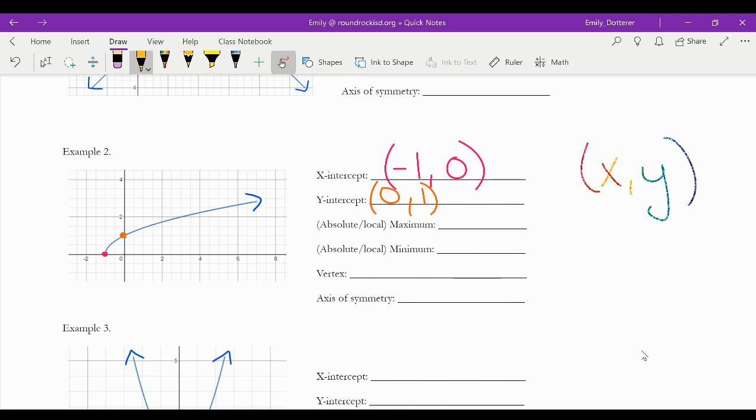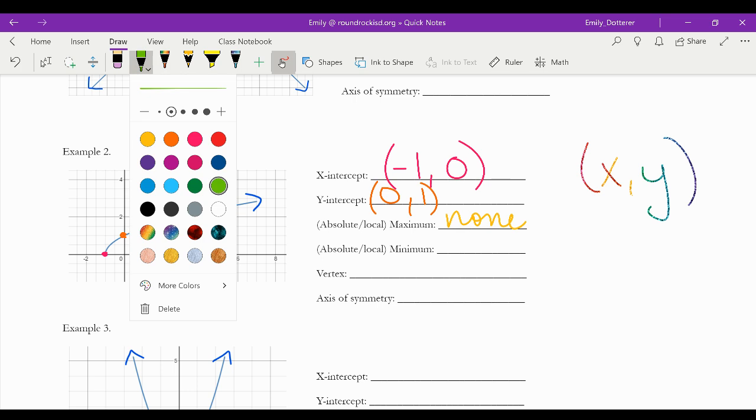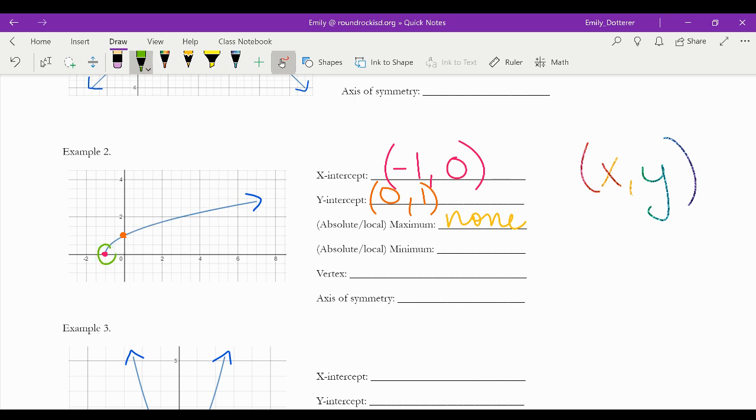For number 2, we don't have a maximum because the graph is going to keep going up forever. However, we do have a lowest point. So we have an absolute minimum at -1, 0, because the graph never goes below that.